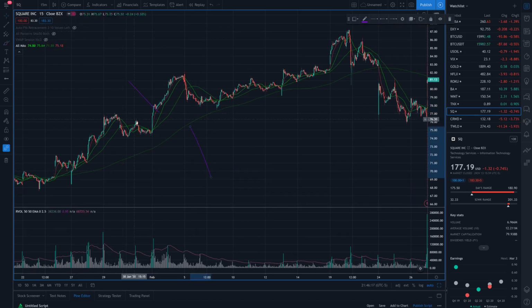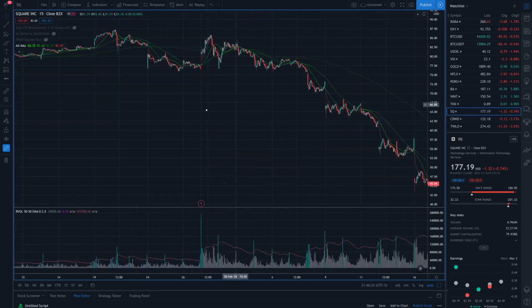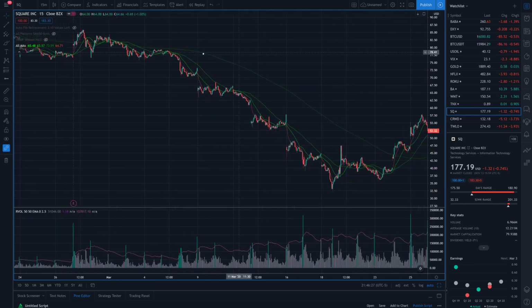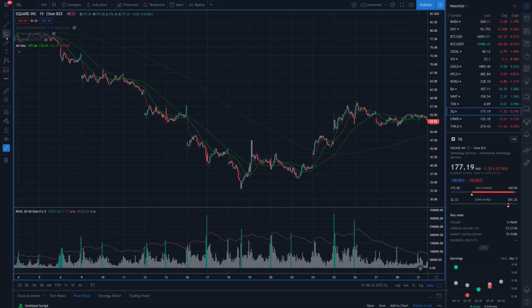The stock price itself was above all of the moving averages for the most part. Then when the pandemic hit, it tanked. It fell super hard. And now the stock, right in this moment, was below all of the moving averages.